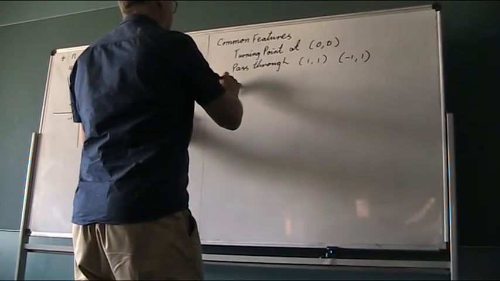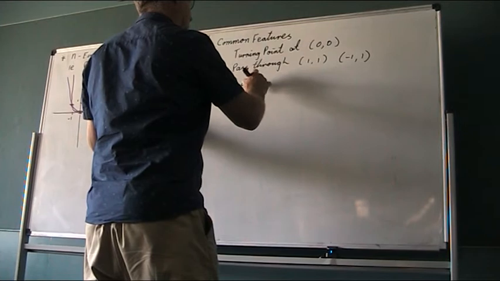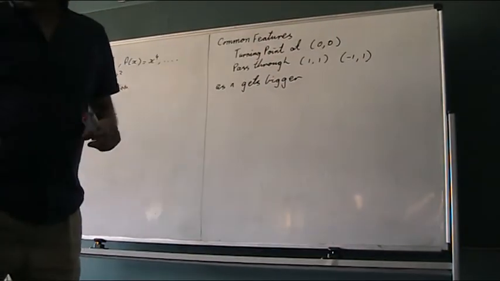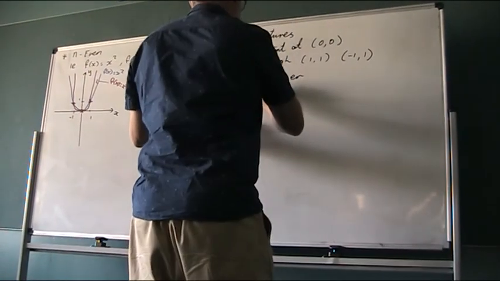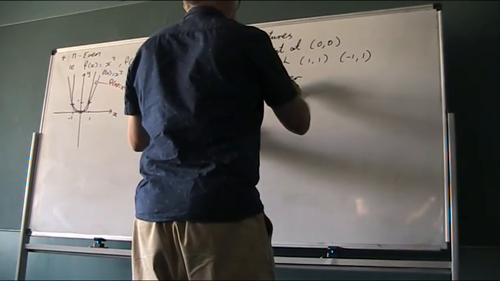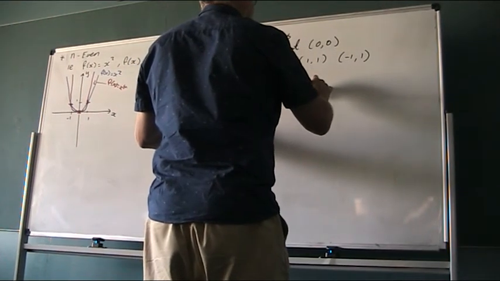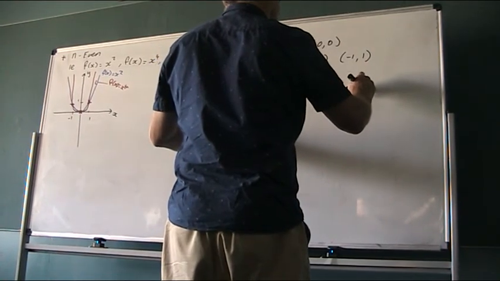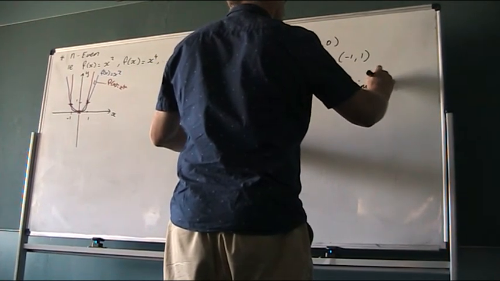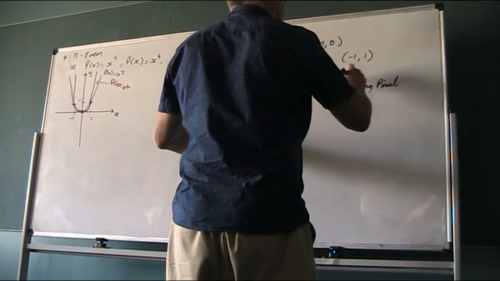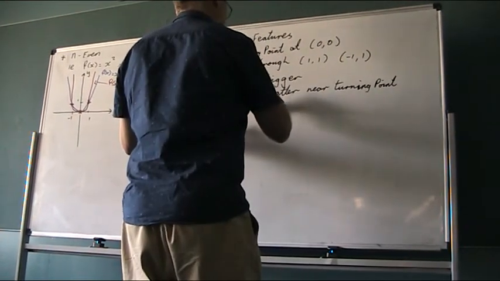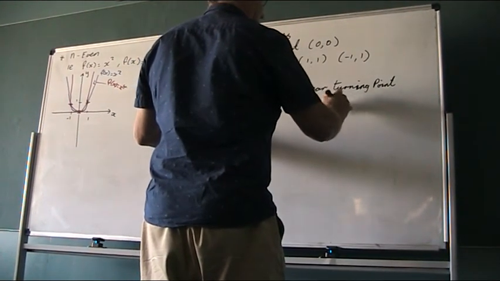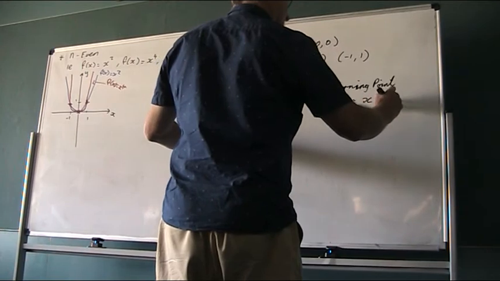And as n gets bigger, it gets flatter near the turning point, and steeper when x is bigger than 1 or x is less than negative 1.